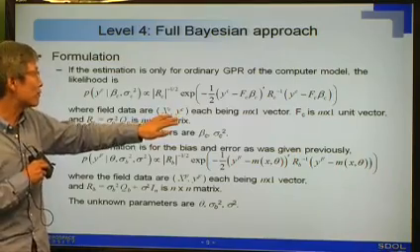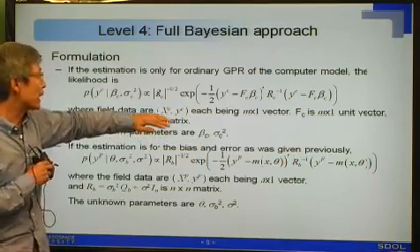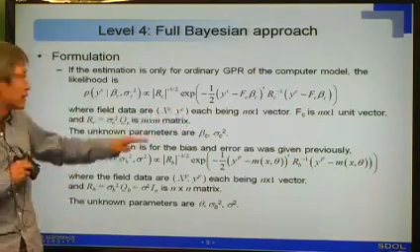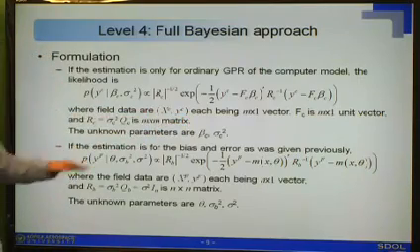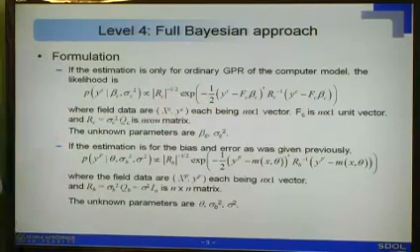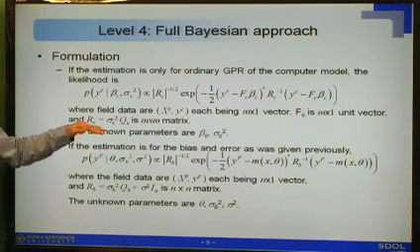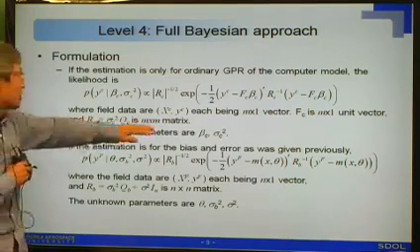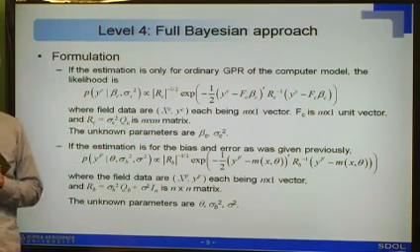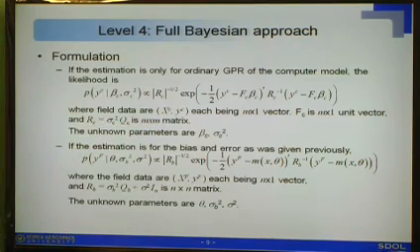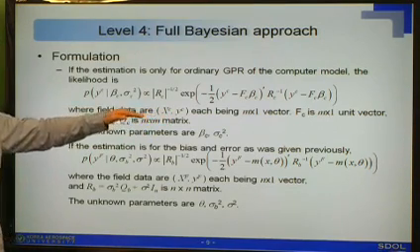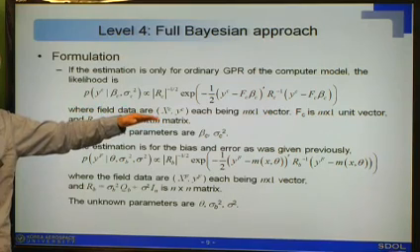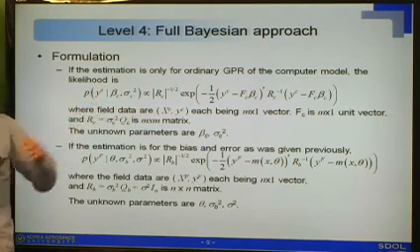So a pair of input X and output Y, the experimental data, are used in this process. RC, the covariance matrix, consists of an M by M matrix. The size is M, and M stands for the number of computer outputs, the computer experimental data.